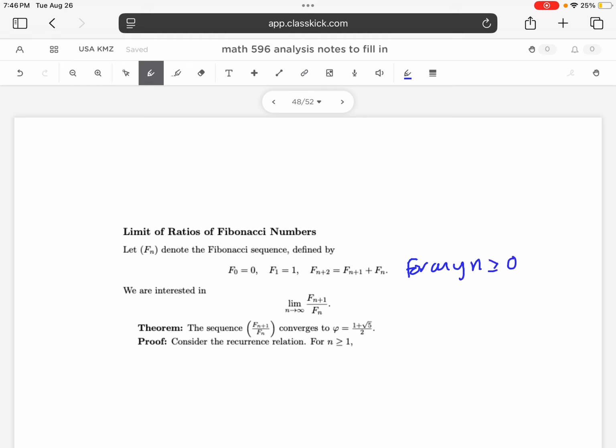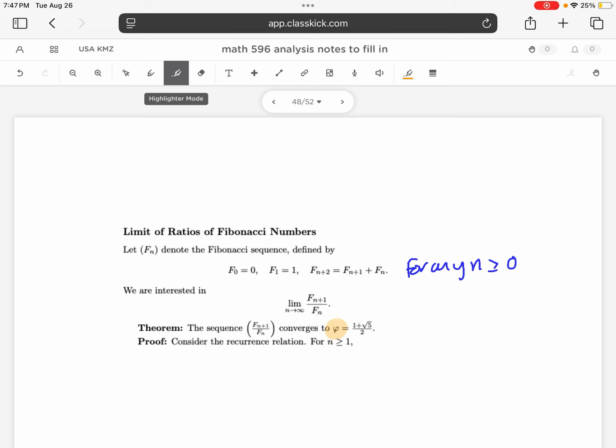Okay, so we are interested in finding the limit as n goes to infinity, if it exists, of f sub n plus 1 over f sub n, of that ratio. The theorem that we're going to try to prove is that this sequence converges, and that the limit is actually equal to a very important constant in math, which we usually use phi to represent. That's the Greek letter phi.